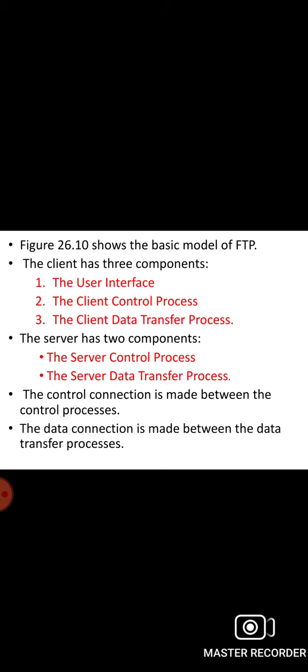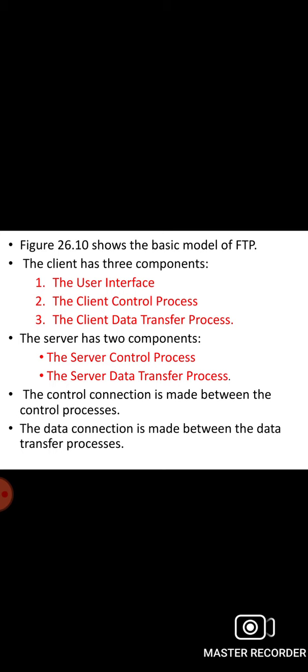The simple method is adequate for the control connection because we send one command or response at a time. And each command or response is only one short line, so we need not worry about the file format or file structure. Each line is terminated with a 2-character end-of-line token, that is carriage return and line feed.